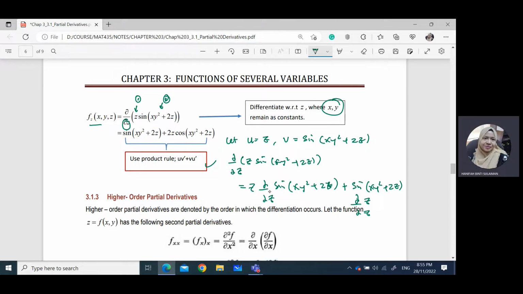Okay, multiply with this one, the derivative with respect to z on sine of xy squared plus 2z, you will get cosine. So z multiplied with cosine of xy squared plus 2z. Okay, so multiply with the derivative with respect to z on this function, which is 2. Okay, 2. You differentiate with respect to z on xy squared plus 2z, you will get 2 there. Okay. Alright, this one.